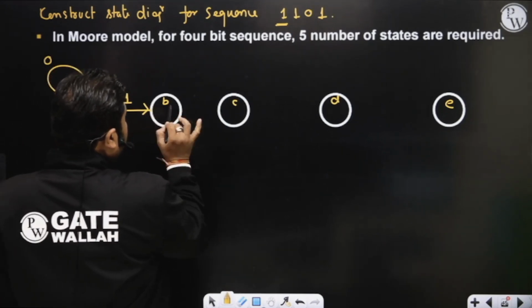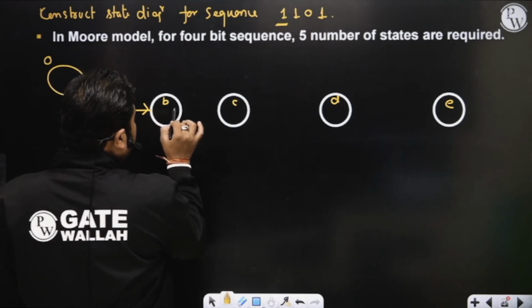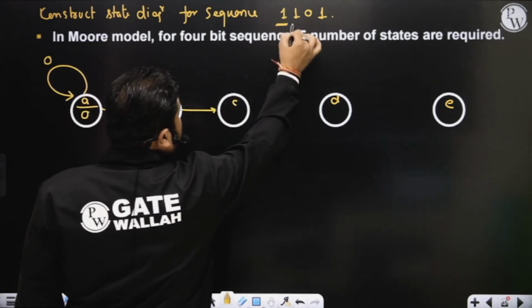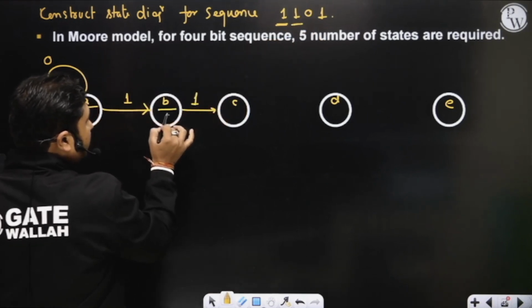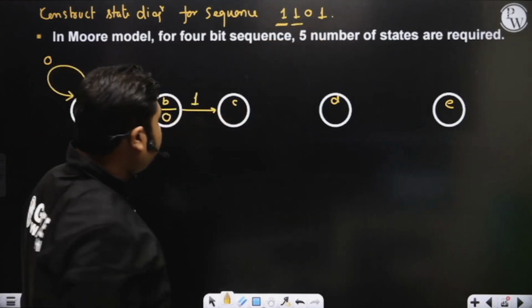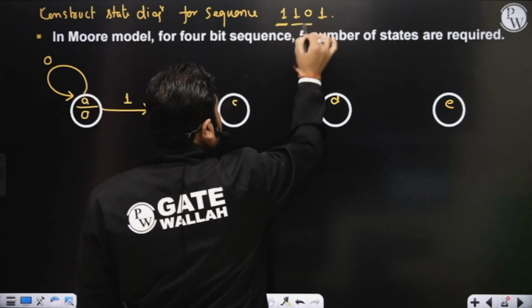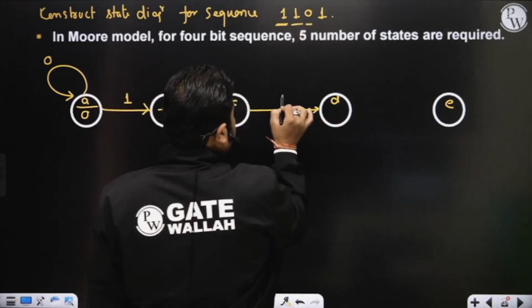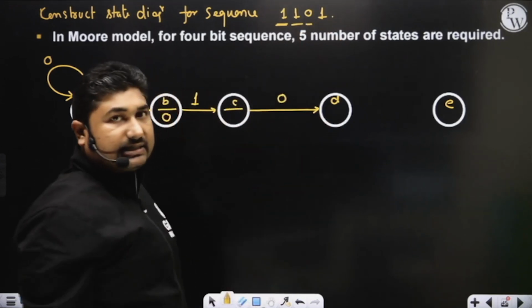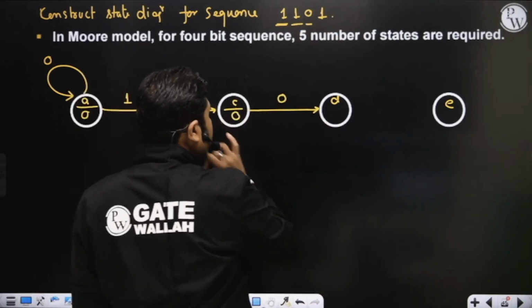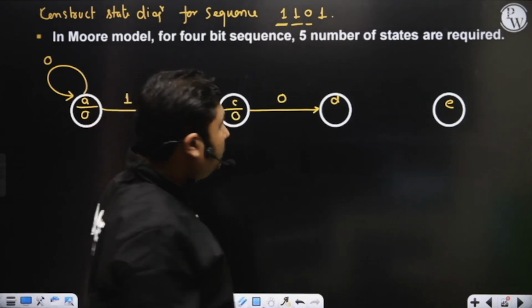Now please observe here. From B, if input x is equal to 1, you will reach the next state, but the entire sequence is not detected, so output is 0. From C, if x is equal to 0, you will reach the next state because part of the sequence is detected, but the entire sequence is not detected, so output is 0.